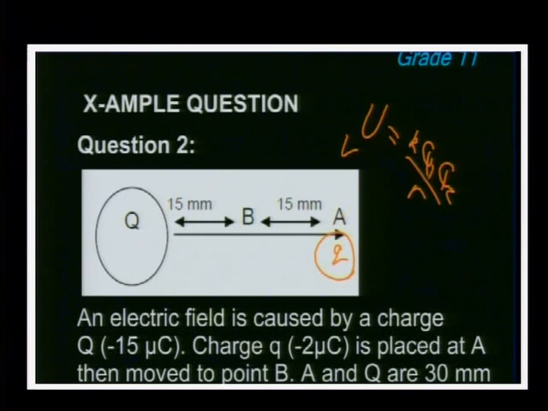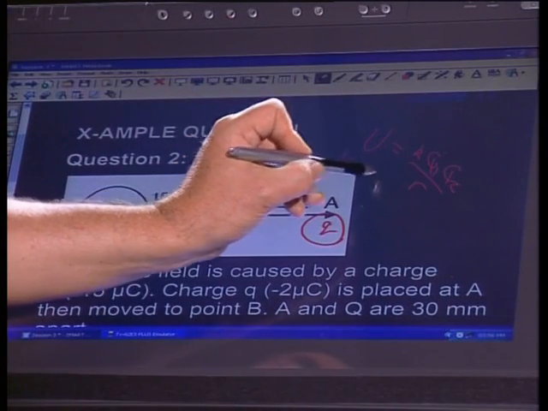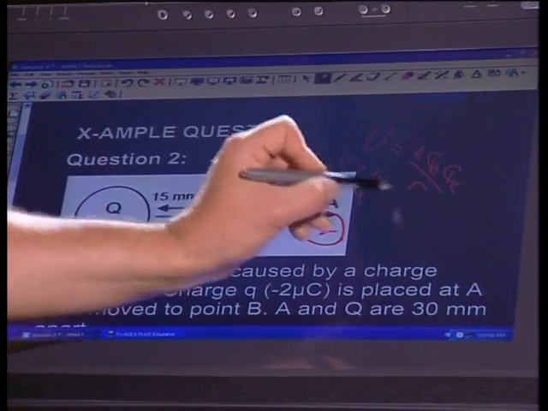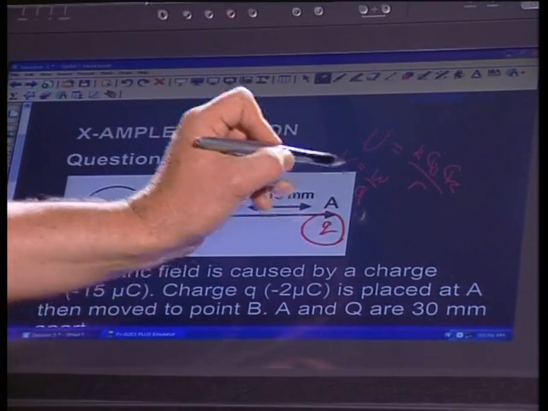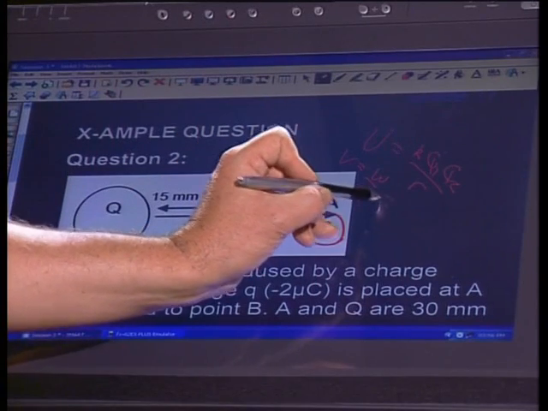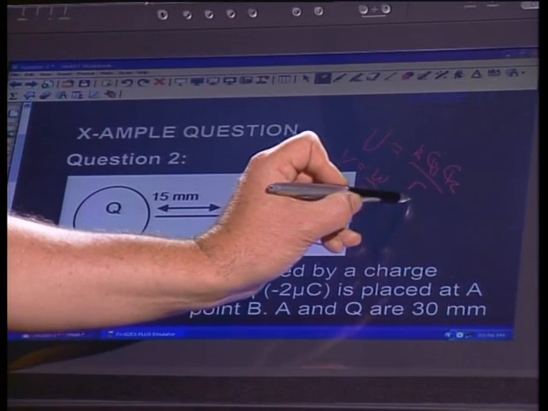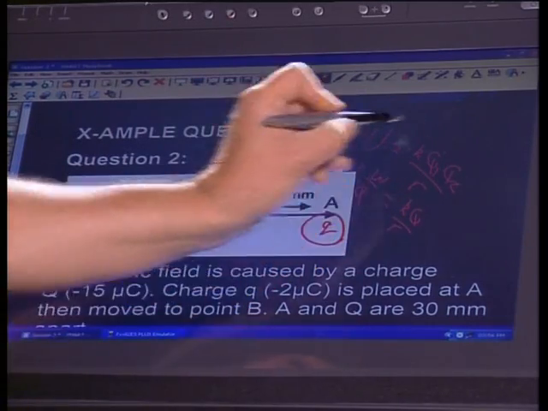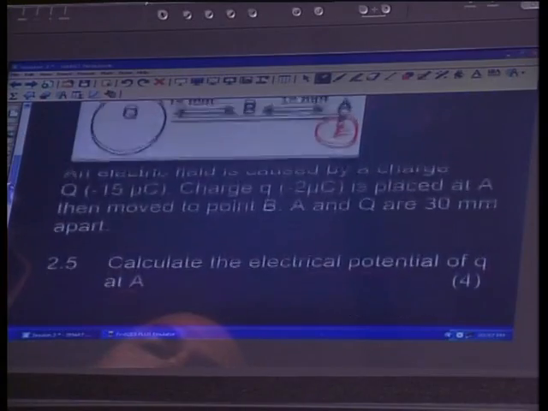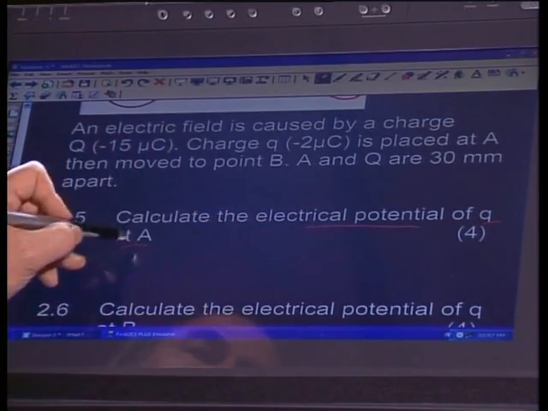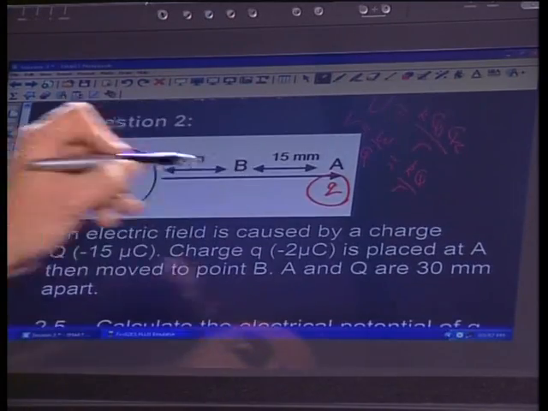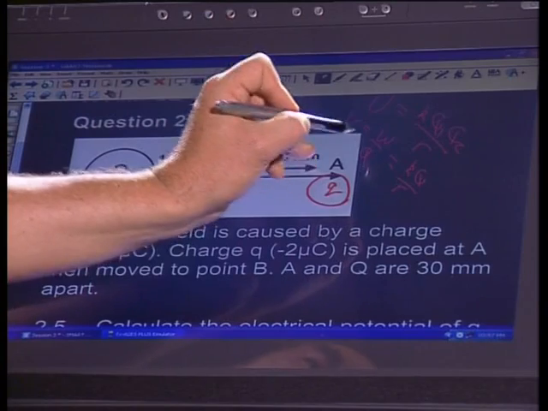If we want the electrical potential, then V is equal to W, which is the energy, divided by Q. We can use that energy and divide by the Q value, and you can then see that what you'll get is KQ over R. Okay, so using that formula, we're going to calculate the electrical potential of Q, little q, at A. But notice the Q that we divide by is the Q that is at A.